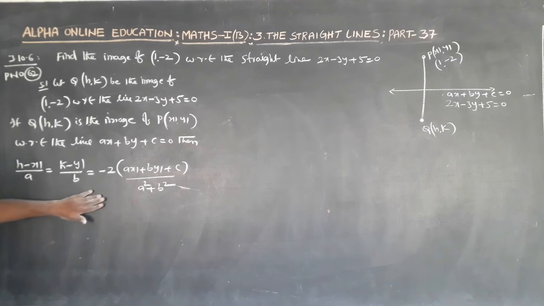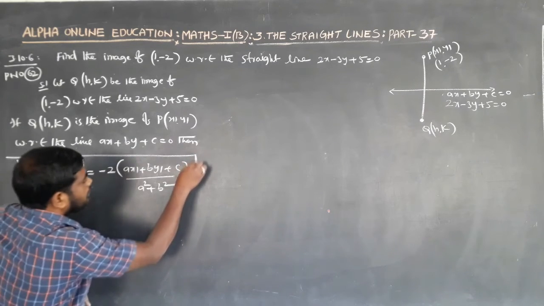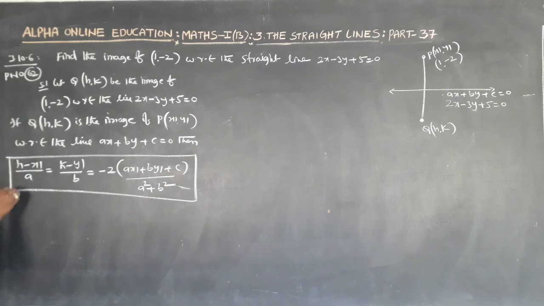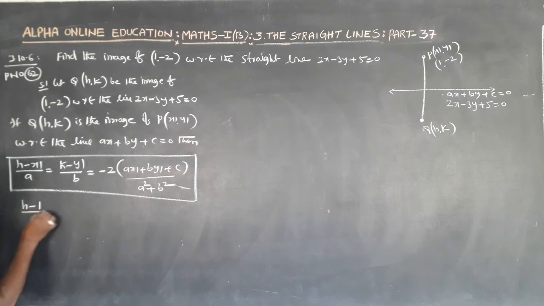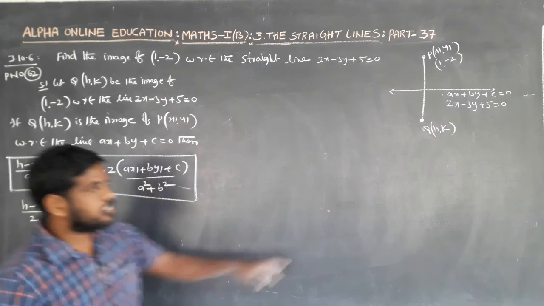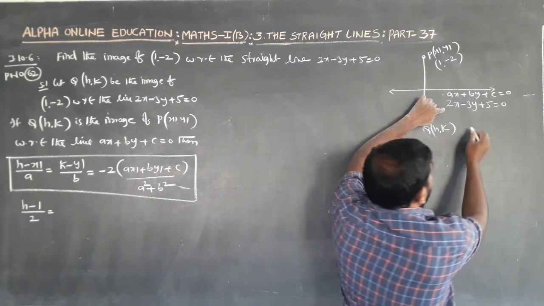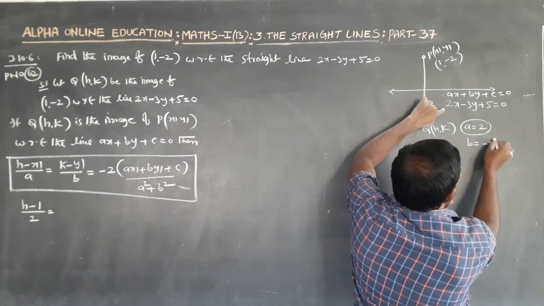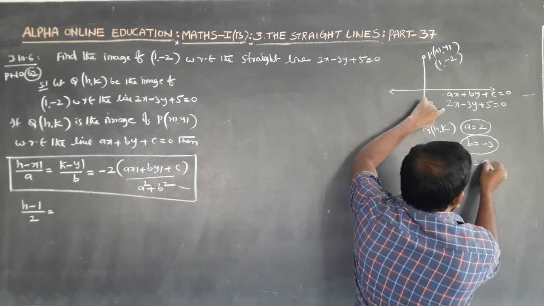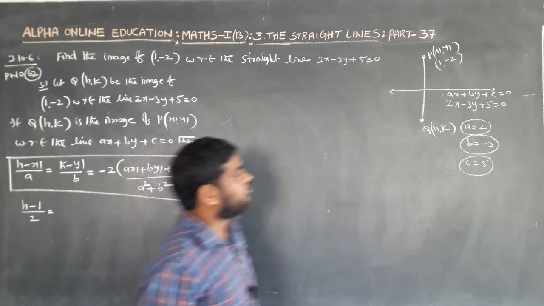This is the image theorem. Substitute x1, y1, a, b, c values. Here a is equal to 2, b is equal to minus 3, c is equal to 5.